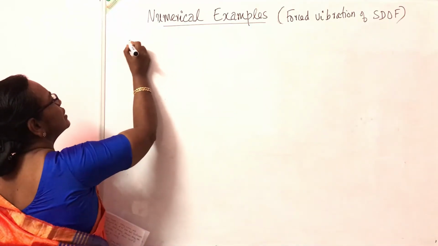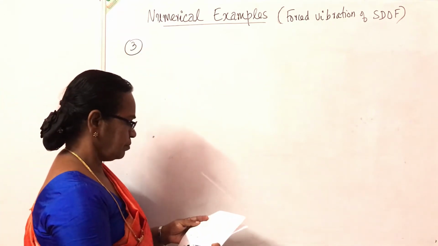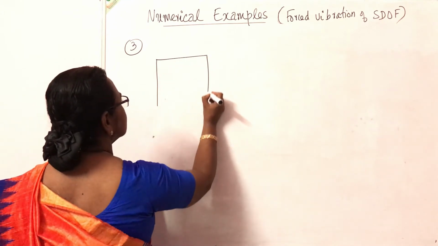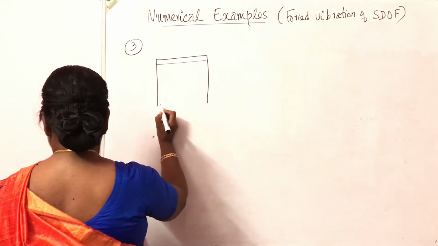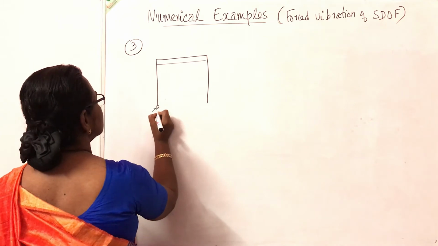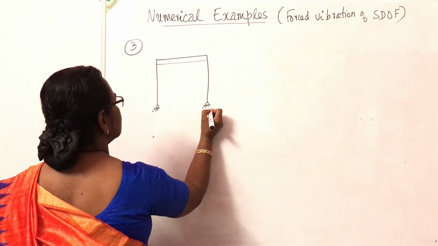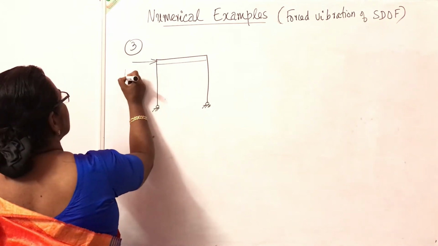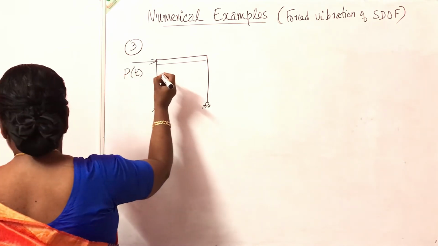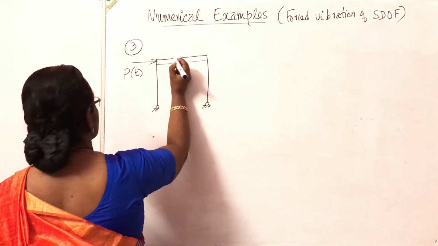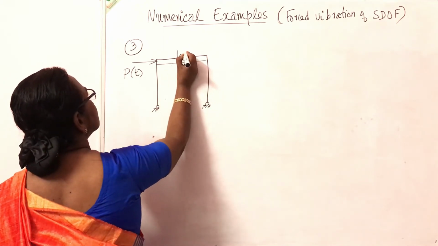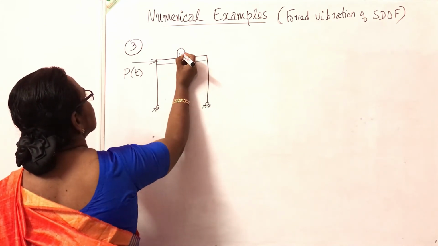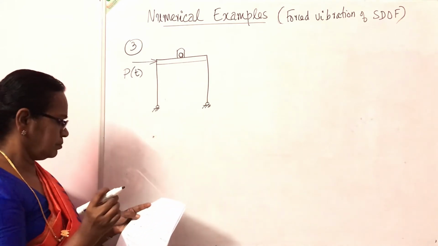So let us see what the given data are for question number 3. A steel frame, bottom is hinged. This is the figure. Suppose this is subjected to a load P(t). There is a rotating machine based on this beam.